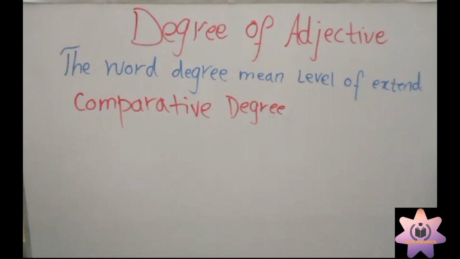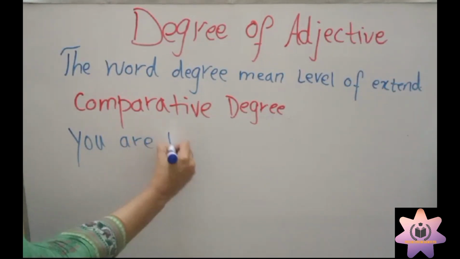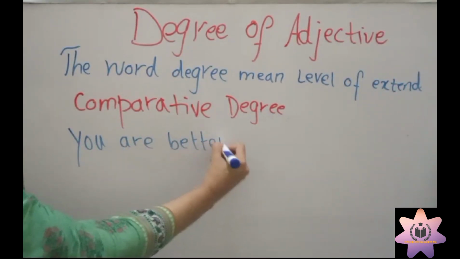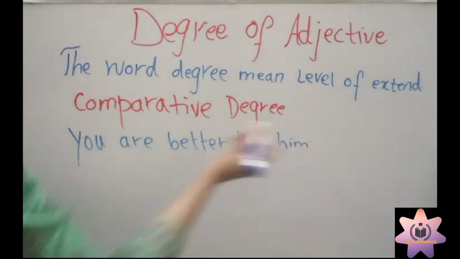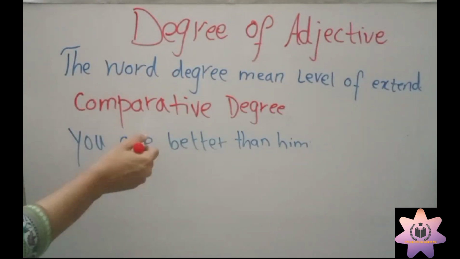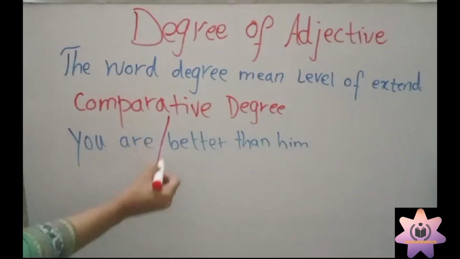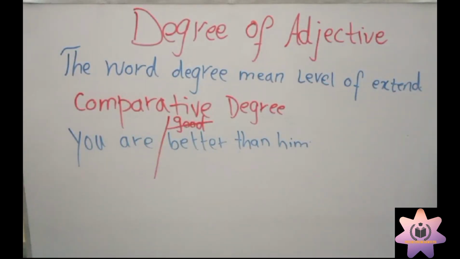When we compare, that's why it is comparative degree: you are better than him. We are comparing two persons. What we will not use here: you are good than him. It's wrong. You are better than him.